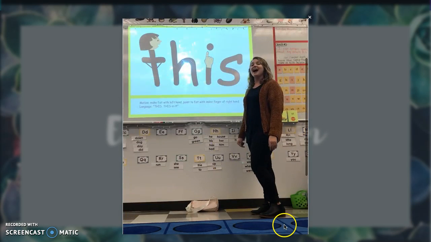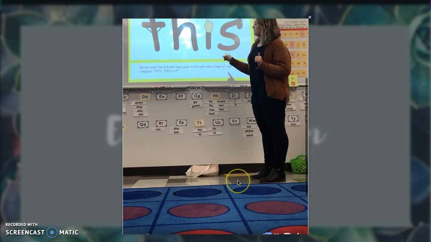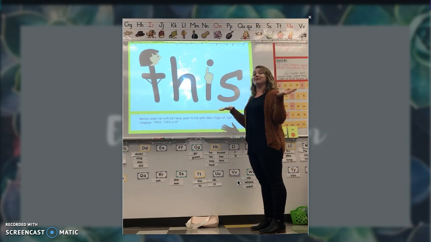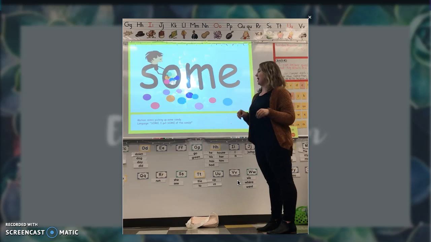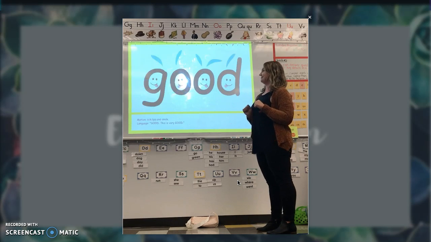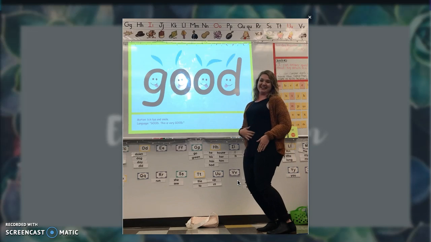These are sight words, and this is... The first word is this. The word is this. What's the word? This. Some. The word is some. What's the word? Some. Good. The word is good.